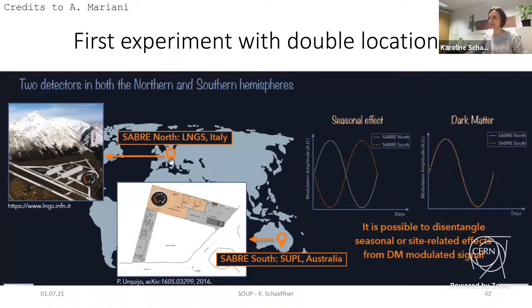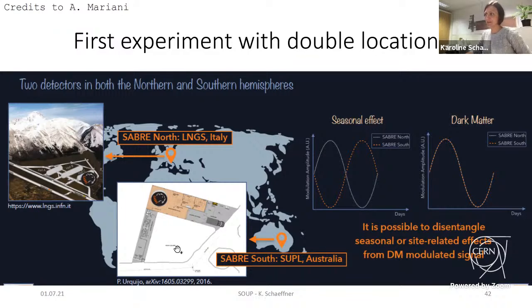Here I show you where the other site is. One is in Italy, as I said, located in Hall C at the moment, where there is also Borexino, for example, and there we go, DarkSide. And here is the other site, which is in Australia, close to Melbourne, in the Stawell lab, which is a new lab. They are building it new, and it is inside a nickel and gold mine, if I remember correctly.